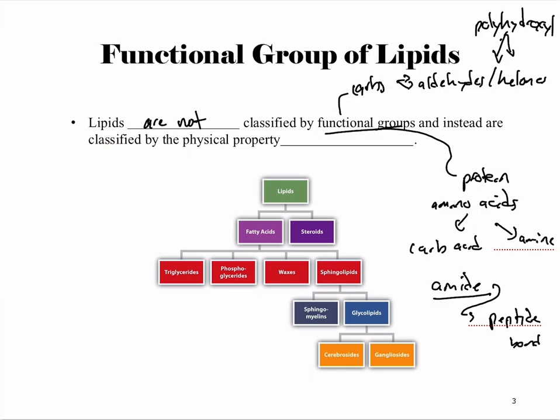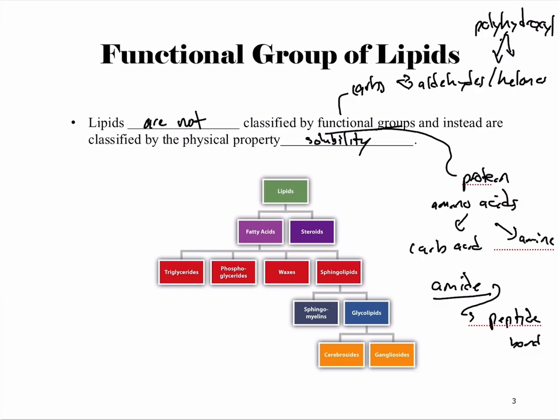Lipids are going to be a little bit more complicated because, as the names suggest, we'll have simple lipids and complex lipids, so it makes sense that they're going to be a little more complicated. They're not necessarily going to be classified by their functional group, but rather their physical property, which is usually solubility, right? And then we'll talk about another, more modern classification of lipids on the next slide.